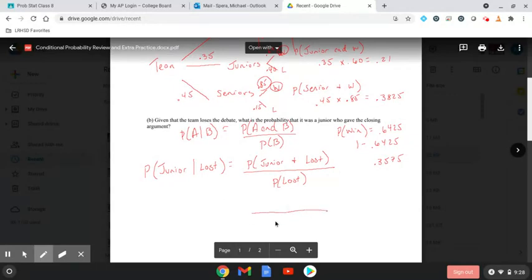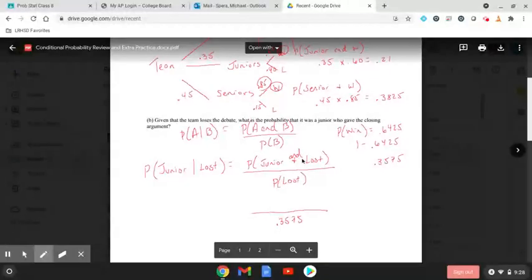So oftentimes there's not work in how these problems are structured. Usually you have the answer to the denominator, whether it's very direct or maybe slightly indirect like this one was. But again, the work we did in part A led us to knowing that denominator. Now, the numerator, I just have to understand the notation.